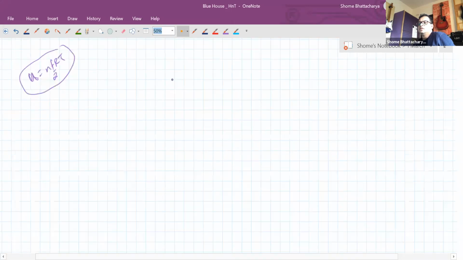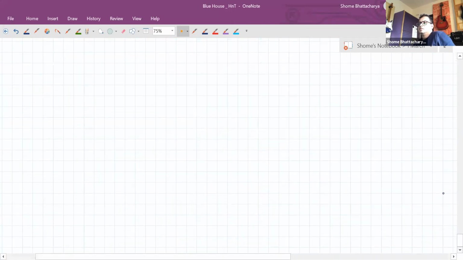Now next thing, let's understand the application of the first law for the adiabatic process. So Q is equal to 0.